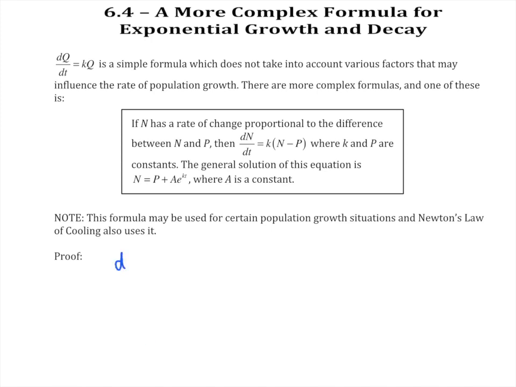We have dN/dt, that is our change of our value of N over time. It's equal to k(N - P), the difference between N and P. Now, we're told that that is what it's equal to. So that's why this is a strange proof, because we're actually going to start with the answer.